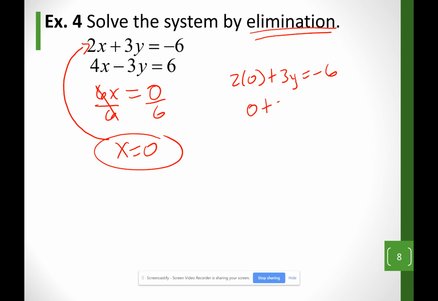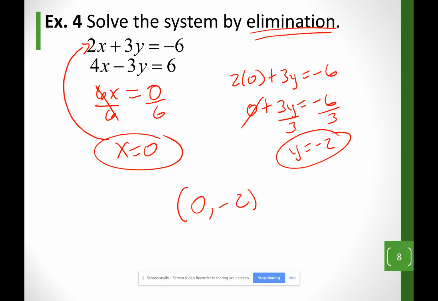So I have 0 plus 3y is equal to negative 6. 0 basically does nothing, so I have 3y equals negative 6. Divide both sides by 3. y equals negative 2. That's the other half. So my answer is (0, negative 2). Keep in mind my answer comes in alphabetical order, x and then y.